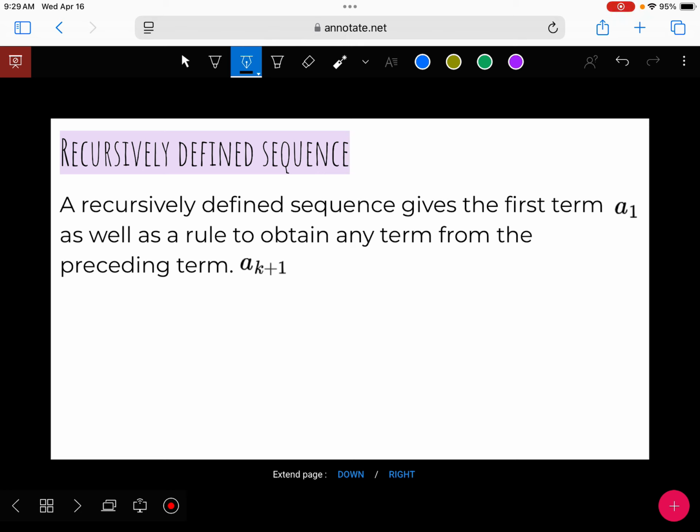The next day it doubles, I'm taking my 8 times the 2. So it's based off of the previous answers, tying our pieces together. I'm going to give us an example. When we have a recursively defined function, we're going to be given a term and an equation.